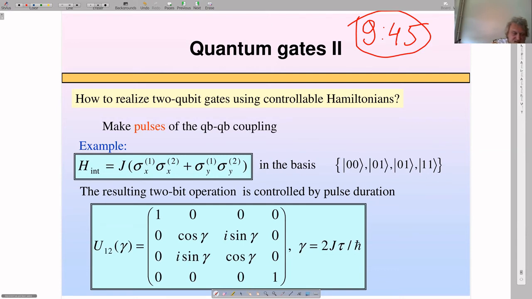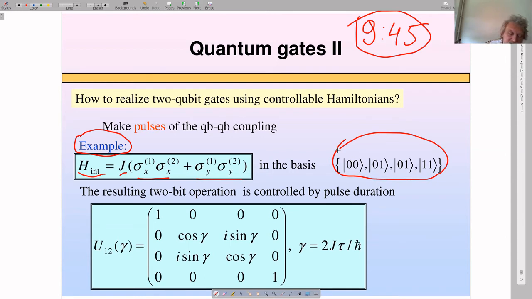For instance, in a system, people can realize such an interaction between the qubits. So this is a coupling of the X and I components of the qubits in this basis.